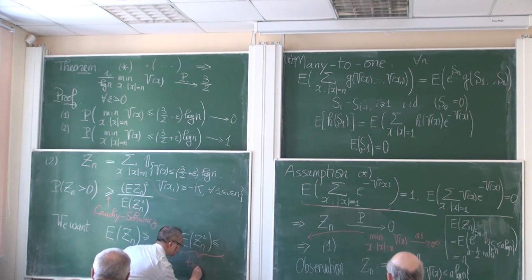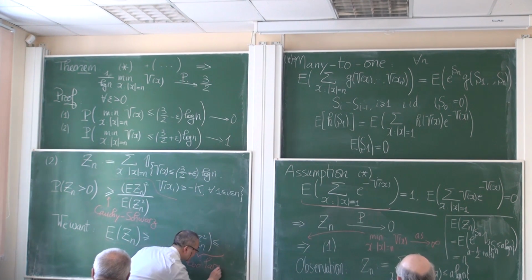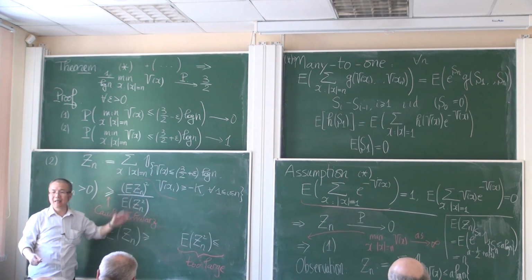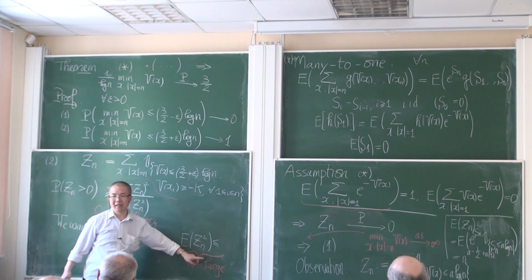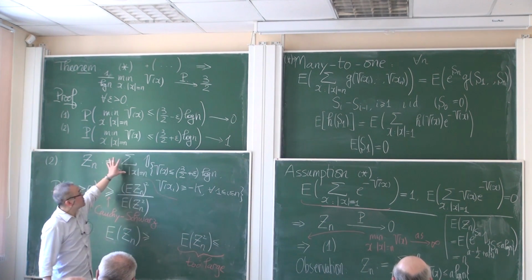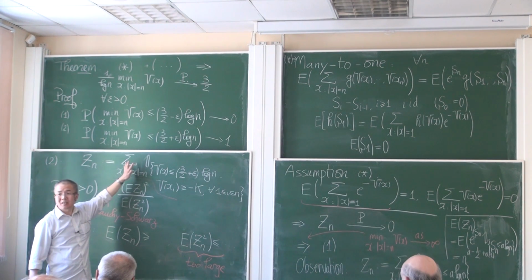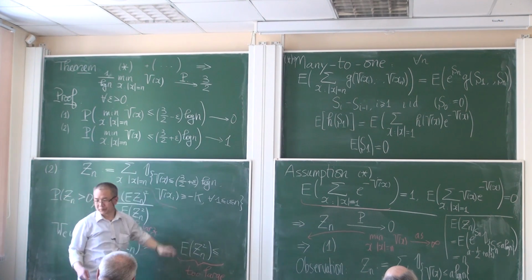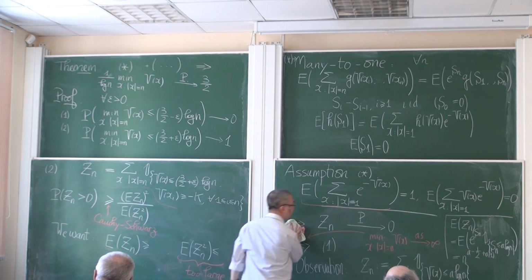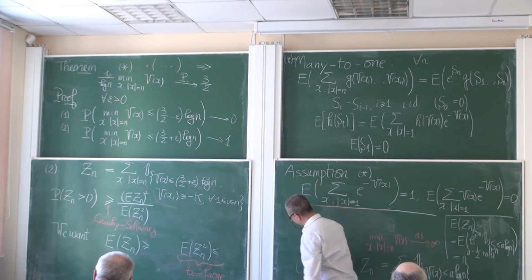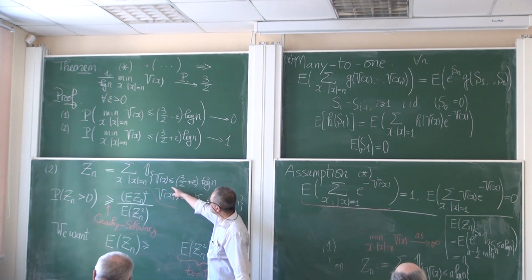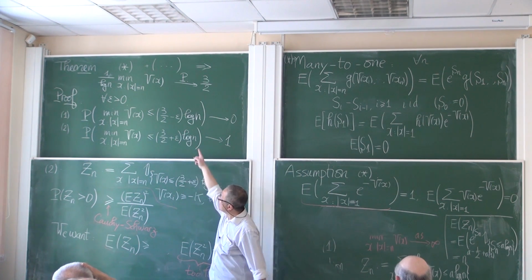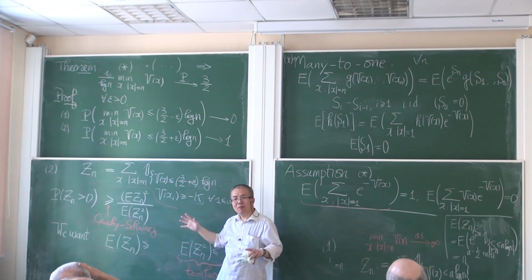This guy is too large. The first moment is like the previous one. It behaves exactly like what you imagine. Unfortunately, the second moment is too large. It means that the choice of Zn was not very clever. We need to do something better. It was sufficient for the first part, when we computed the first moment, it was all right.